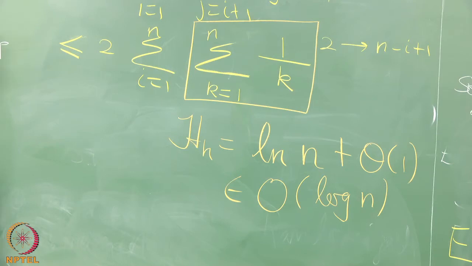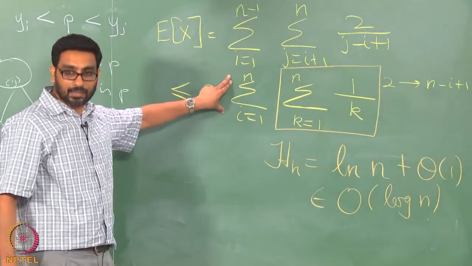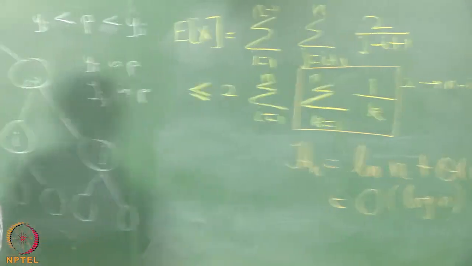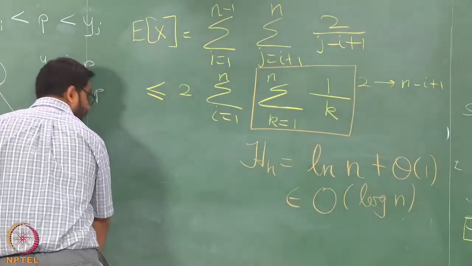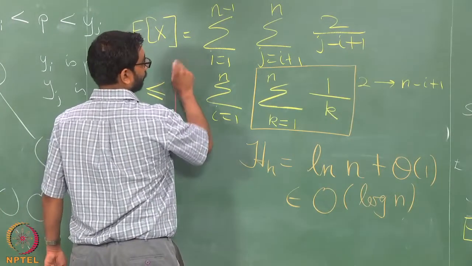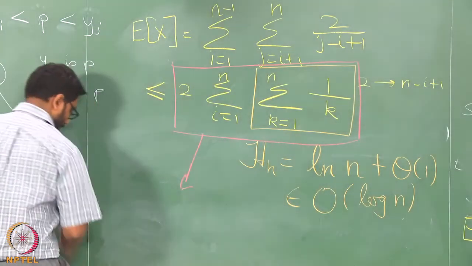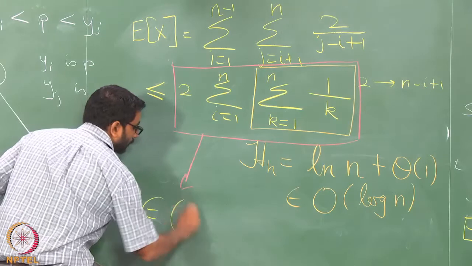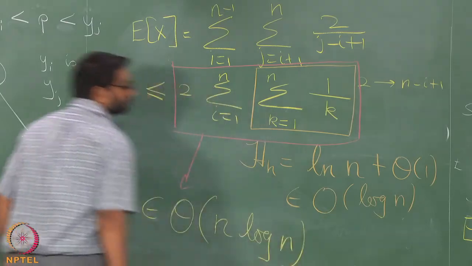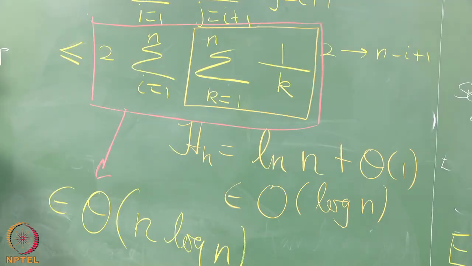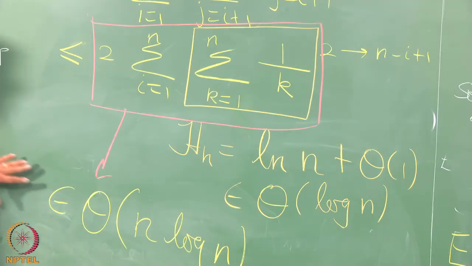What is within this box is an O of log n quantity, and we are summing it n times, times 2. As a result, this whole quantity belongs to theta of n log n.